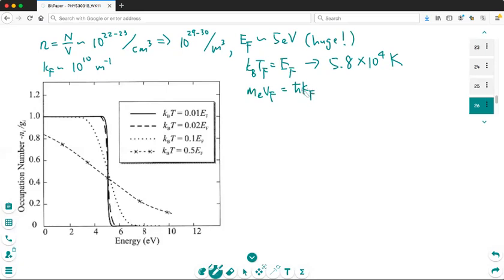If you plug in the numbers, you will find this Fermi velocity vF is about 0.01 times the speed of light. It's about 1% of the speed of light. This is another way to remember these numbers.